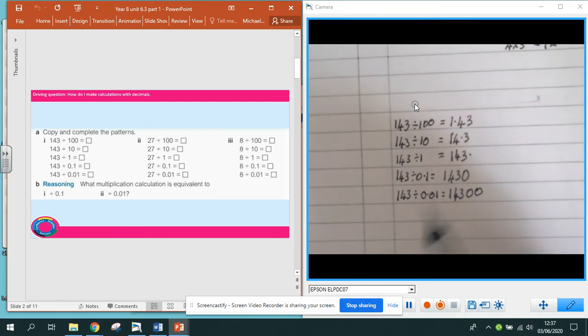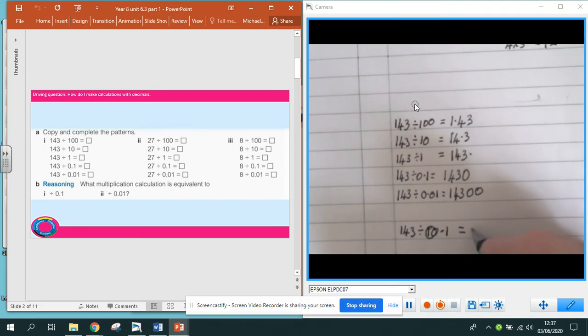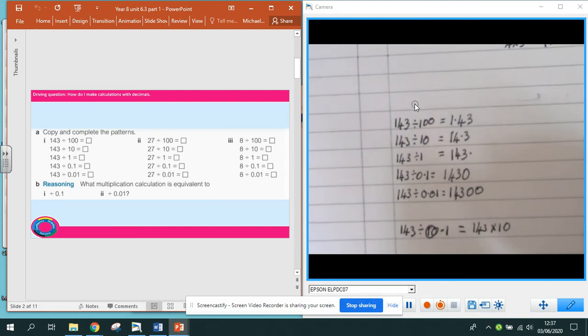I could multiply it by 10. So 143 divided by 0.1 is the same as 143 times 10. Is that okay?